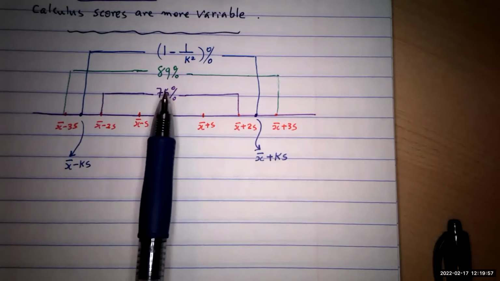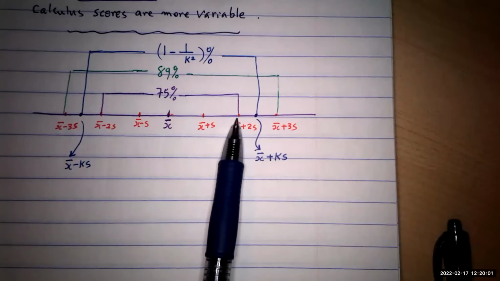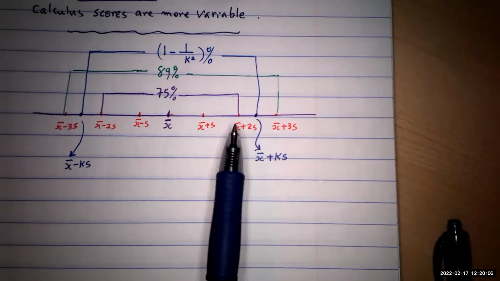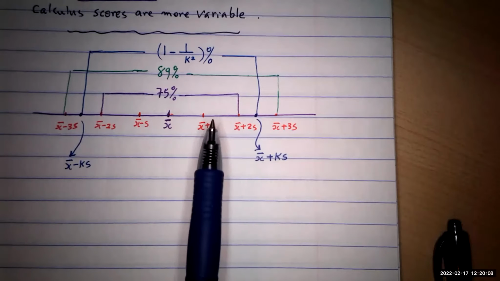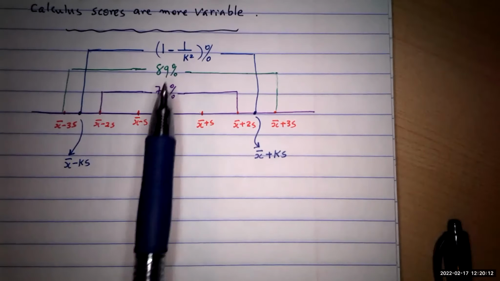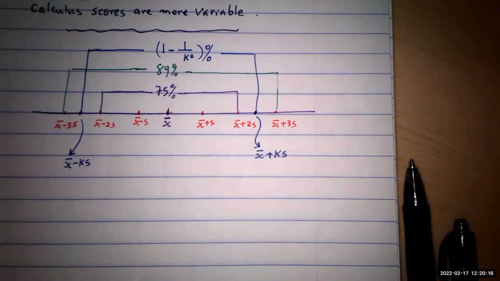You must know that 75% refers to 2 standard deviations. So easily you find x bar minus 2s and x bar plus 2s, and you're done. The other problem, which is more involved, the range would be given, and they ask for the percentage. This means you have to find the K. Okay, there are 2 problems. I'll talk about it next time, and we finish this section.